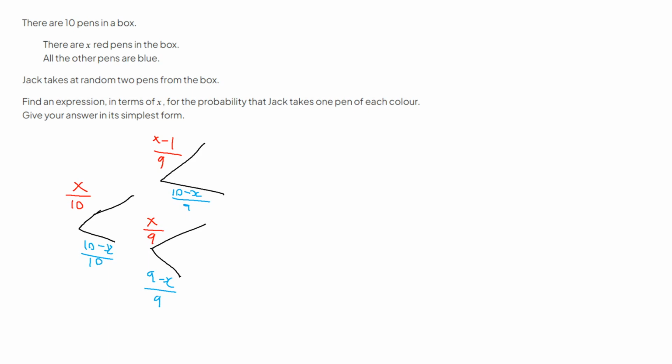So how can we find the probability that they're going to be different? Well, we can either take this path or this path.